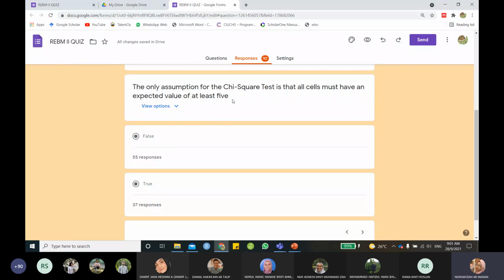No, the expected value must be at least 5, but not in all cells, only in 80% of the cells.